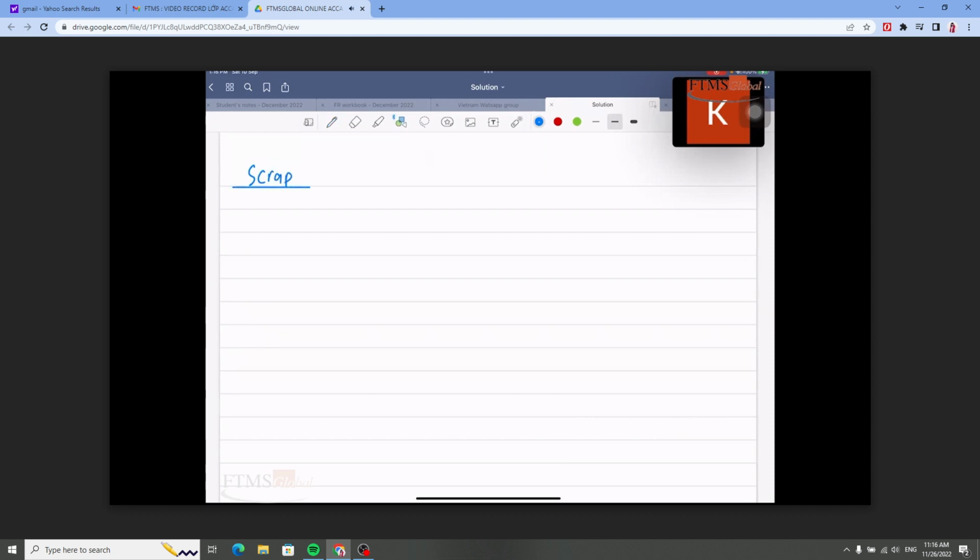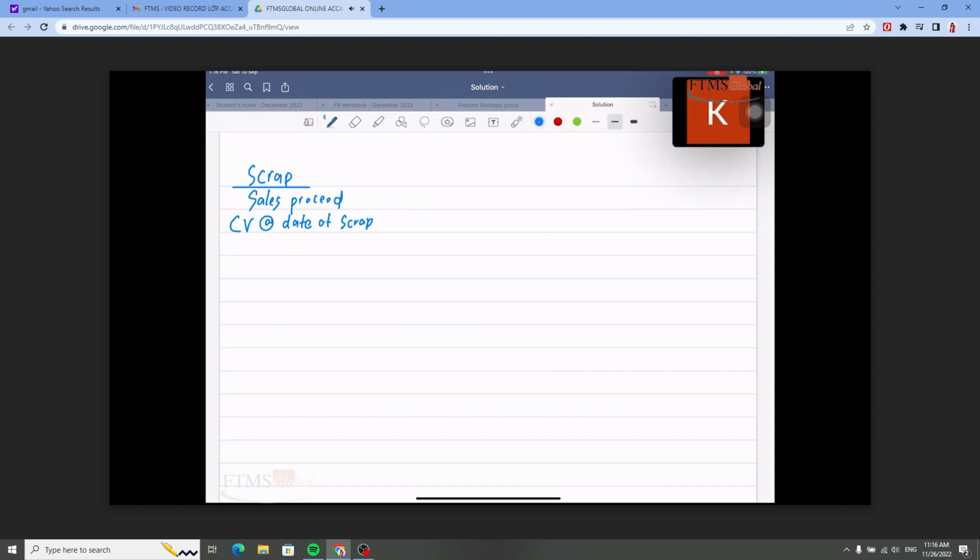Working for scrap. Okay, so nothing fantastic. So scrap engine always start with sales proceed. In this case, it's 0 because scrap, right? Then compare with your carrying value at date of scrap. Okay, so your date of scrap is when? Date of scrap is the day of happening day, right?